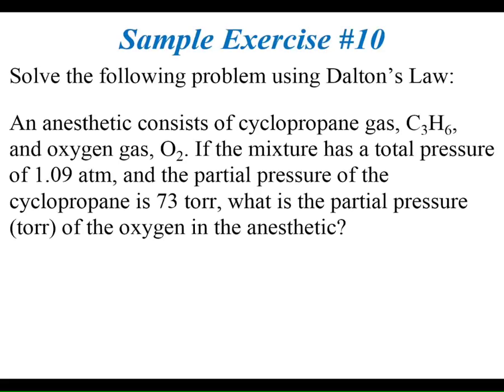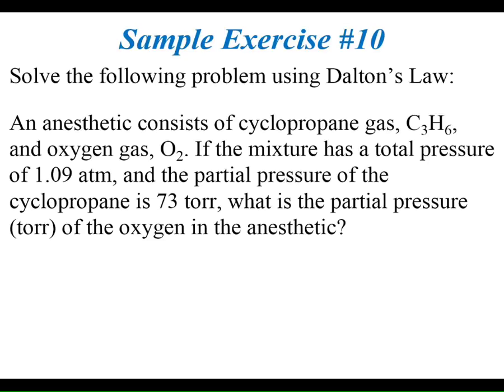Okay, let's do one example. Let's say you're working in a hospital, and you have an anesthetic to give to a patient. It's a mixture of cyclopropane gas and oxygen gas. The total pressure of that mixture is 1.09 atmospheres, and the partial pressure of the cyclopropane is only 73 torr.